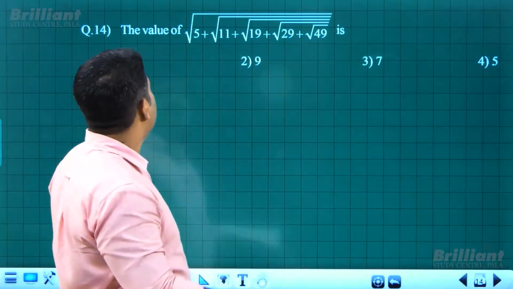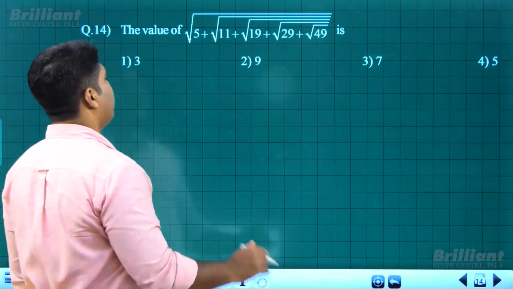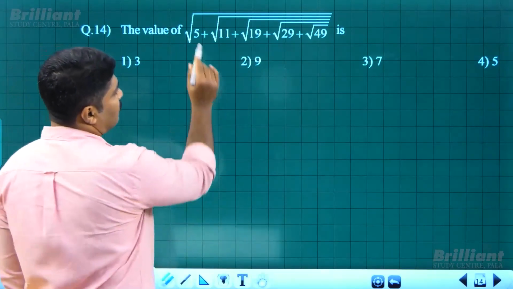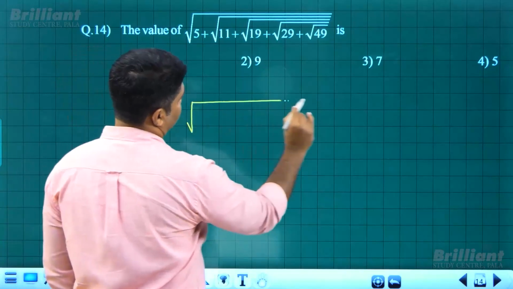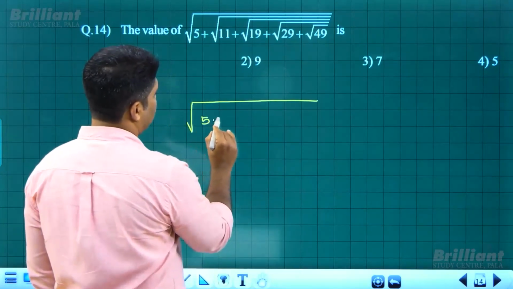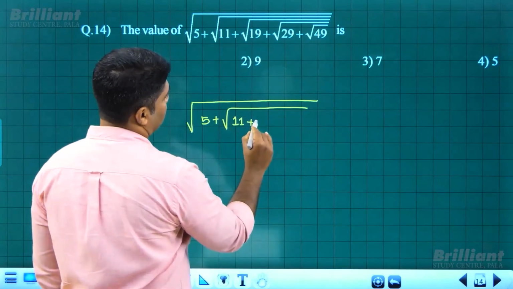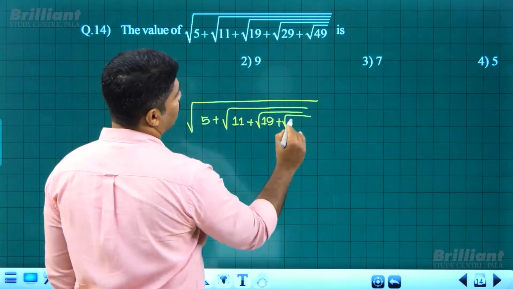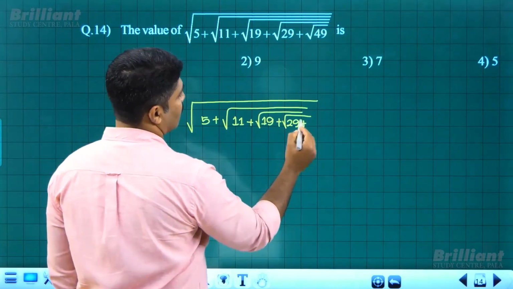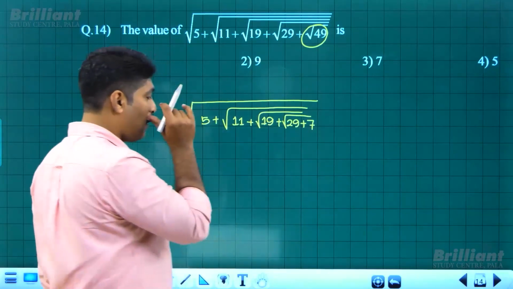The next question is related to surds, but we can easily find it out. It's a finite step of operation. So here, first we are considering root of 5 plus root of 11 plus root of 19 plus, again, root of 29 plus root of 49. So what is root of 49? Root of 49 is 7.